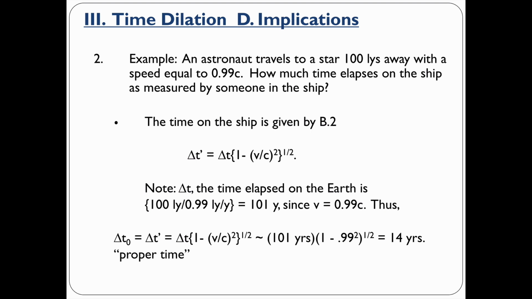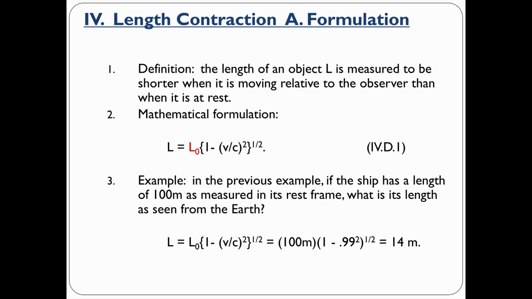So to someone on the ship, the time elapsed on this trip is only 14 years. And that kind of makes sense. You're traveling at essentially close to the speed of light.